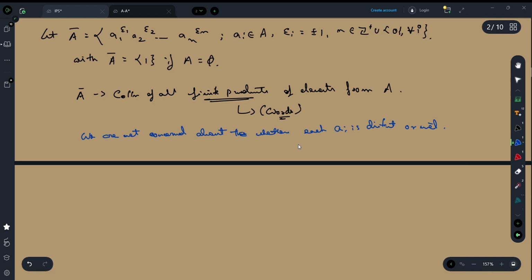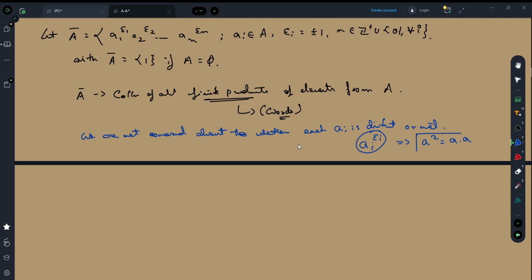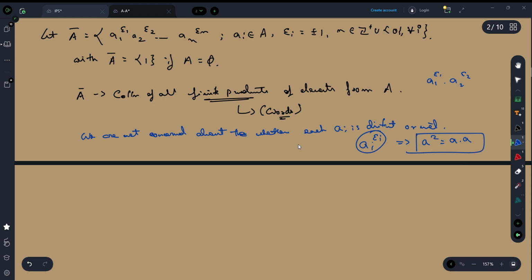And why is it so? We will see a bit later. Typically, these ai to the power epsilon i forms actually refer to a squared being written as a dot a. So even if a1 and a2 are the same element, a1 to the power epsilon 1 dot a2 to the power epsilon 2 is nothing but a1 to the power epsilon 1 plus epsilon 2.